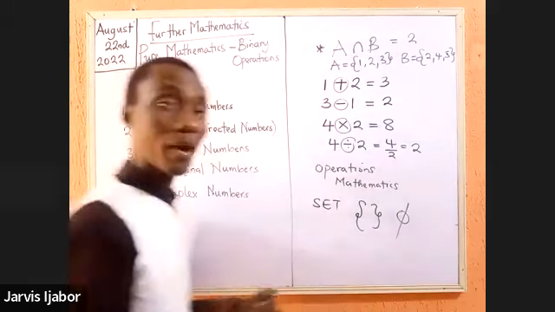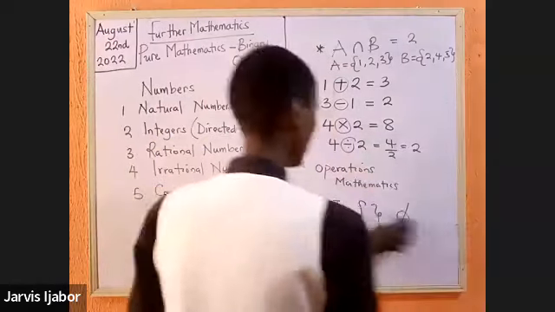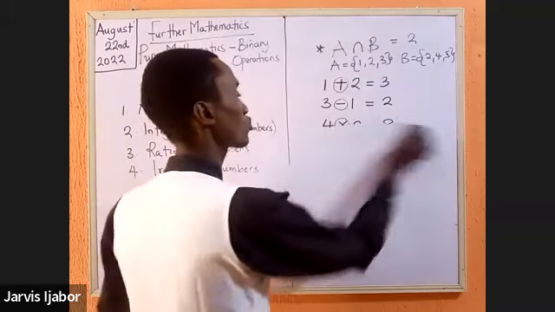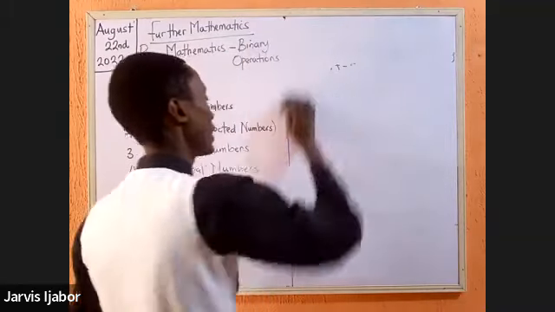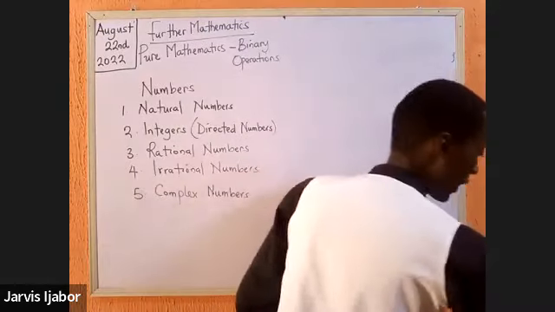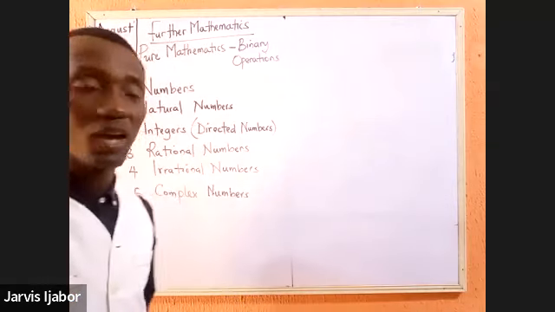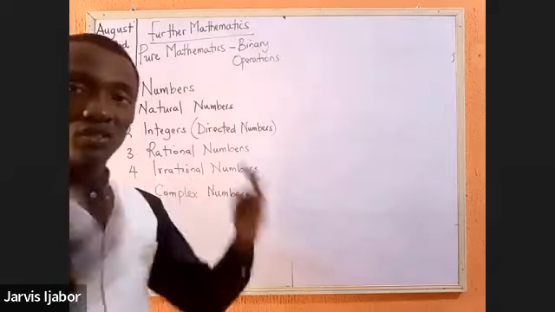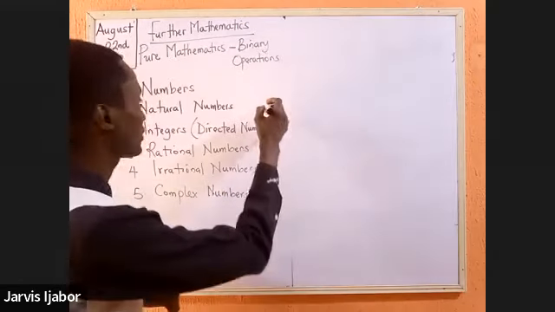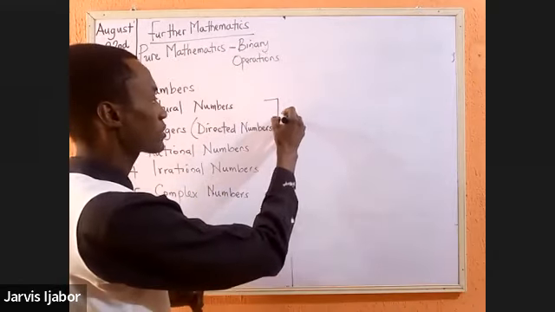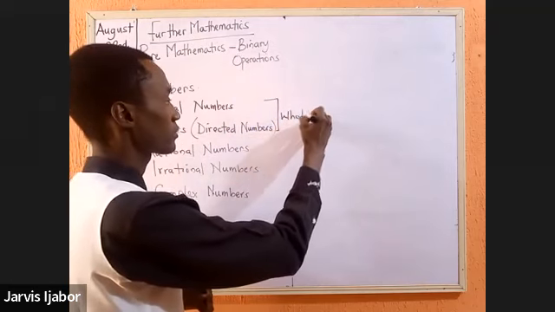So to drive home my point, I'm going to wipe this part of my board because I'll need to stretch out the concept. And this is where I'm going to wrap it up. I wouldn't go beyond this today so that you have a clear understanding of what we're going to be doing. Now, these first two are what we call whole numbers.